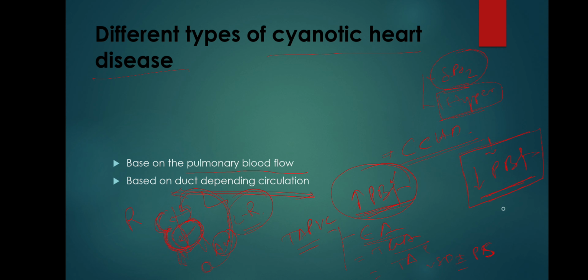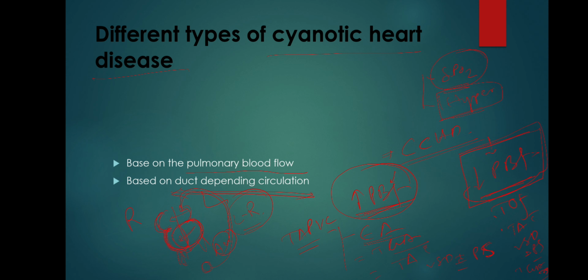Decreased pulmonary blood flow is mainly caused by TOF (tetralogy of Fallot), because there is pulmonary stenosis, or tricuspid atresia with VSD with PS, or TGA with PS. These are the causes of decreased pulmonary blood flow.